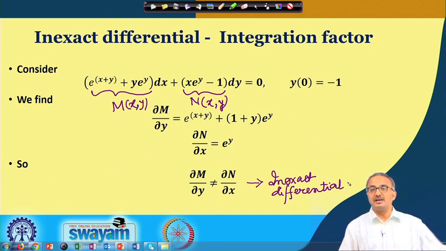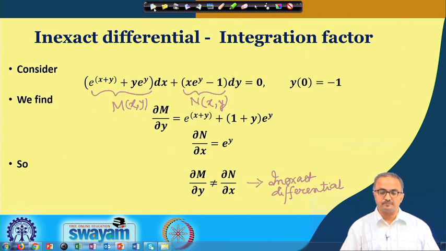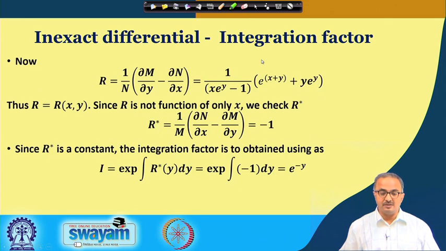Now, let us try to see whether we can find some integration factor which can make this particular system exact. Following our earlier derivation, we see that r is equal to 1 by N times dou M by dou y minus dou N by dou x. We put the value of N here, and we find the values of dou M by dou y and dou N by dou x, and we get these terms.